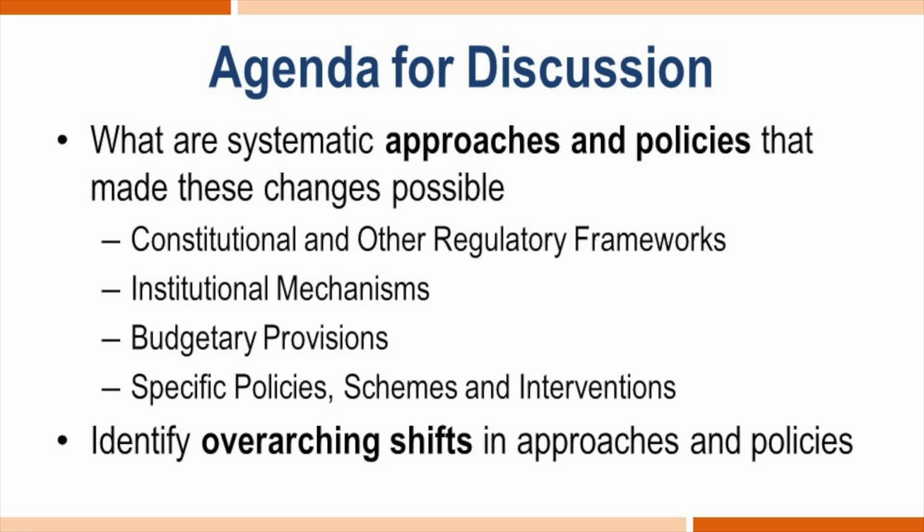So therefore, in this module and the next module, we will devote our time to discuss these aspects: what are the constitutional and regulatory frameworks available which target gender development, what are the institutional mechanisms that we have put in place, what are the budgetary provisions that we have made, and what are the different policy schemes and interventions we have initiated, because of which we have seen the improvements we have already discussed.